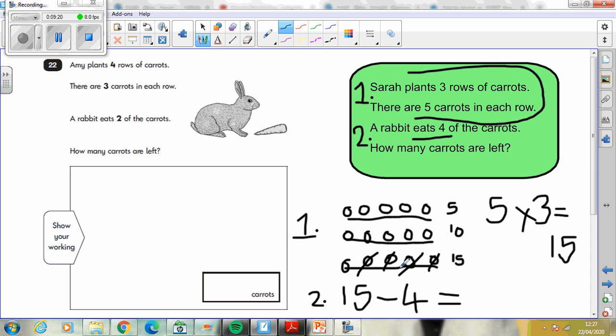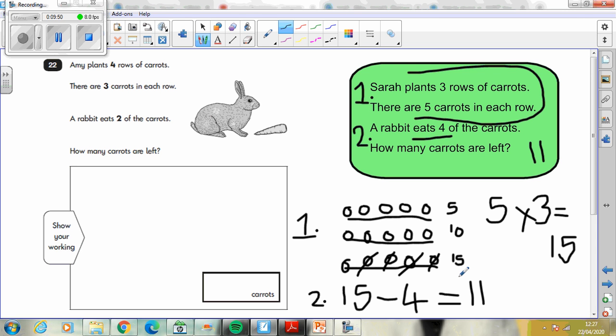There we go. So to work out how many I've got left, I've got 5, 10, and then 1 more here is 11. So I know there are 11 carrots left. And I've got 1 mark for showing my working out. And I've got another mark here for the correct answer.